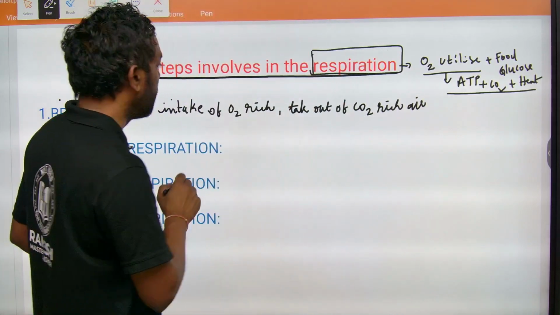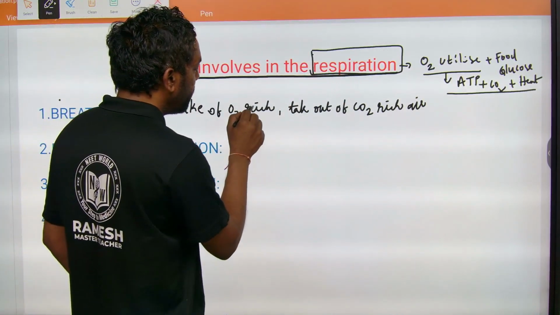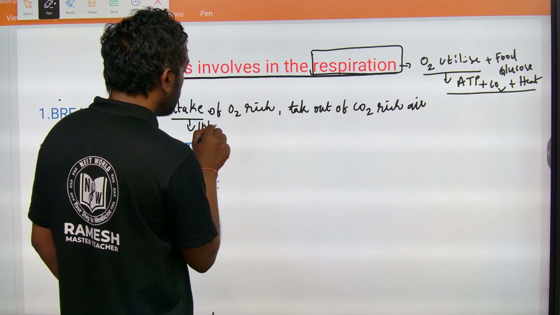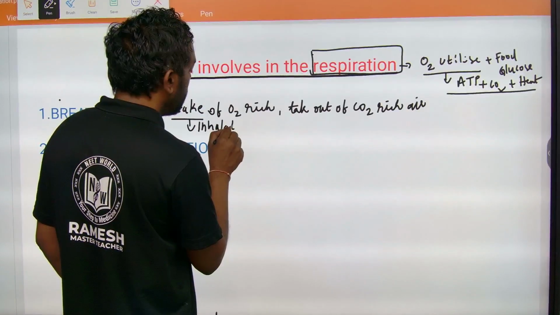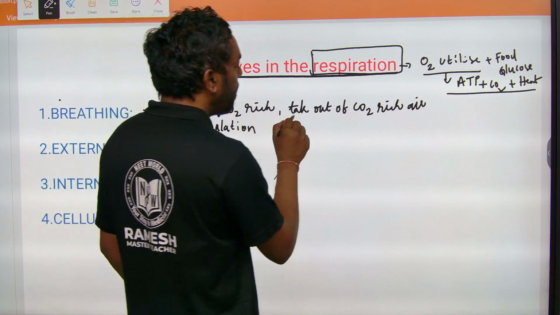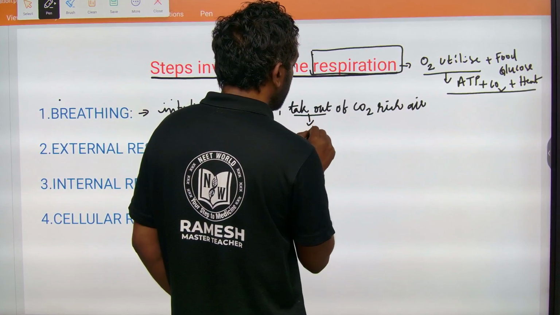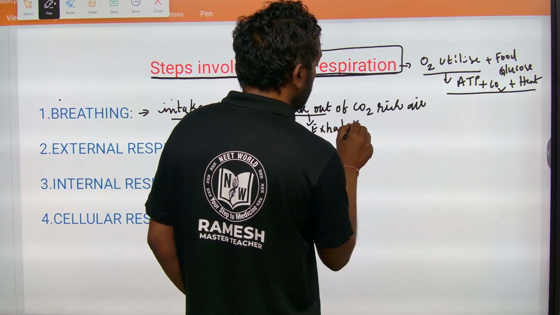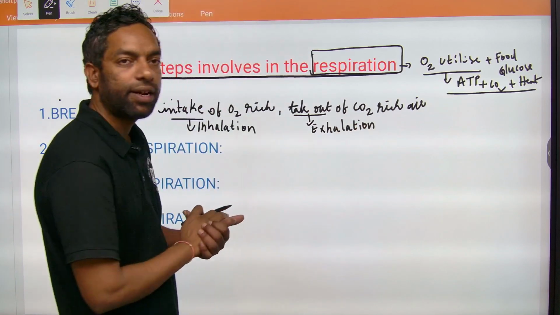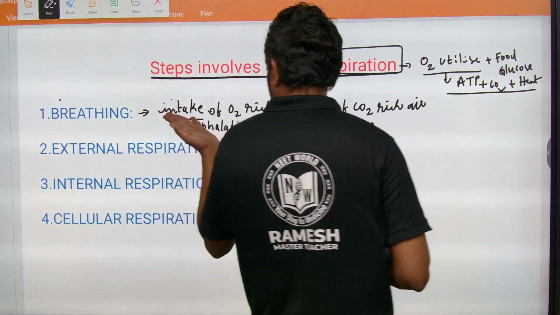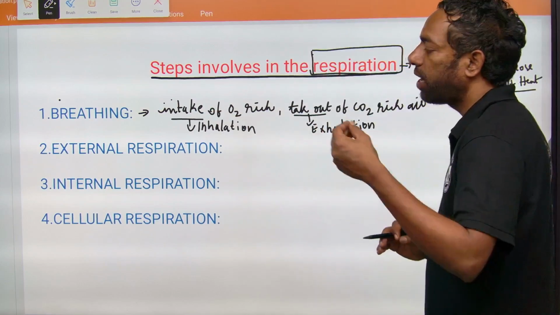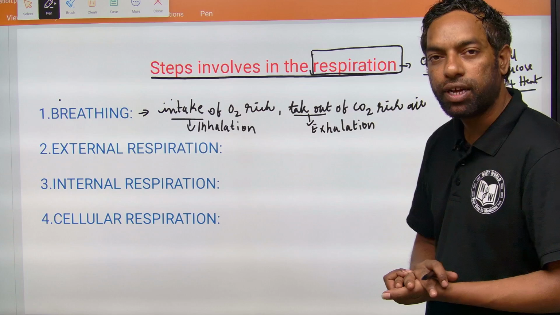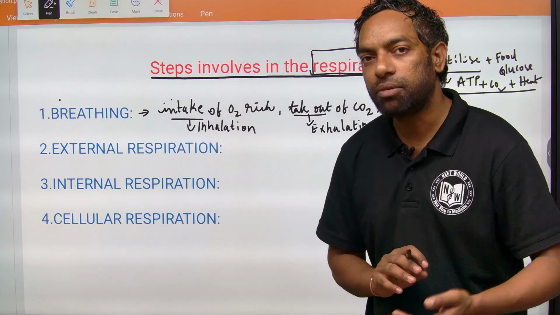We can call this inhalation, the intake, and taking out means exhalation. Inhalation and exhalation, the intake of oxygen rich air and taking out of carbon dioxide rich air, is breathing.